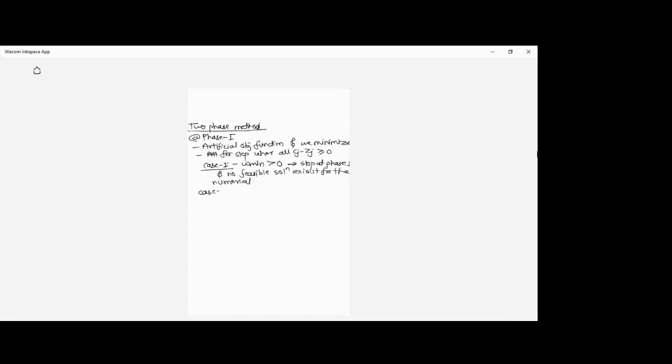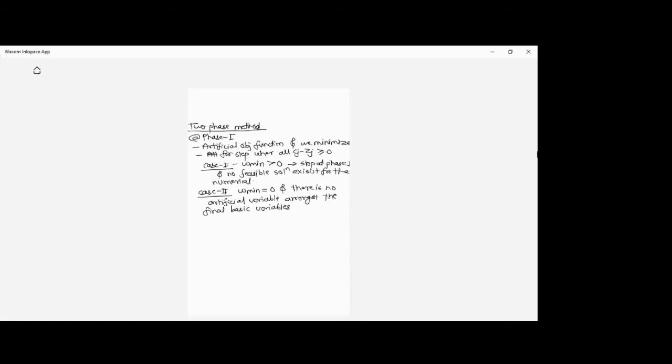There will be case 2, where your W minimum is equal to 0, right? And there is no artificial variable amongst the final basic variables, right?